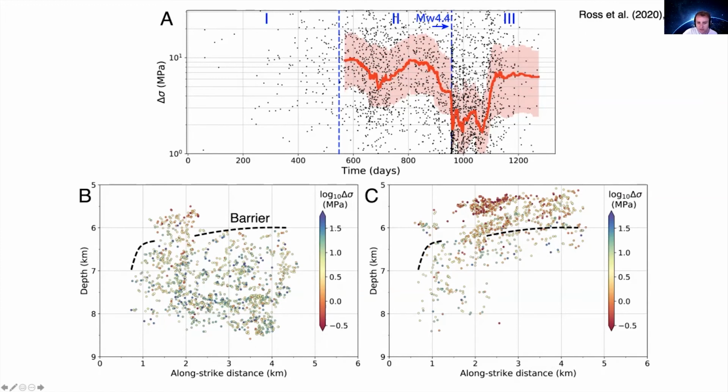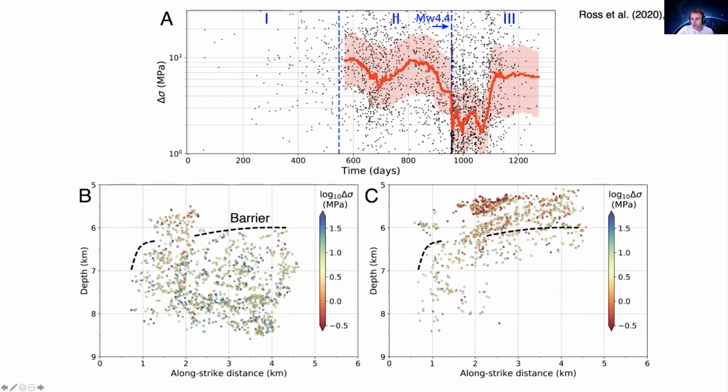However, we now look at all the events just after this 4.4. We can see almost everything above this barrier here is all considerably lower. So it's pretty much all dark red and yellow and so forth. So there's a substantial change in the stress drop above this barrier here. But meanwhile, the events that happen below this are all still generally the same color that they were before this 4.4.